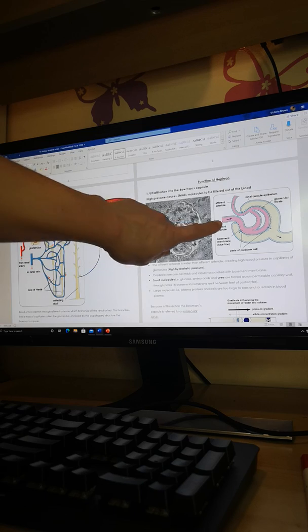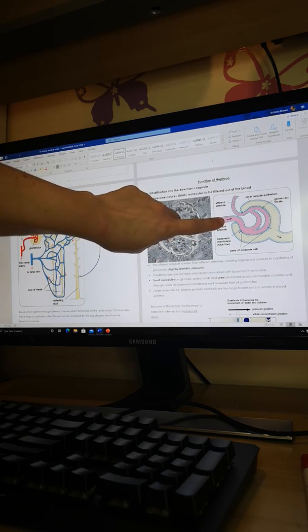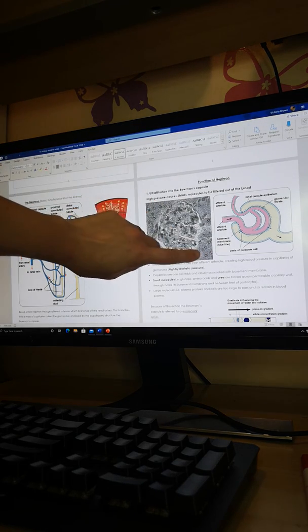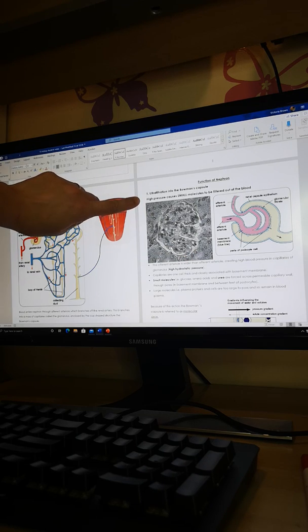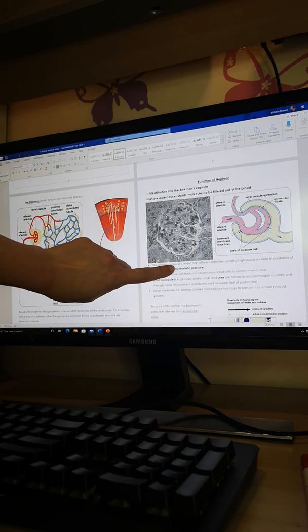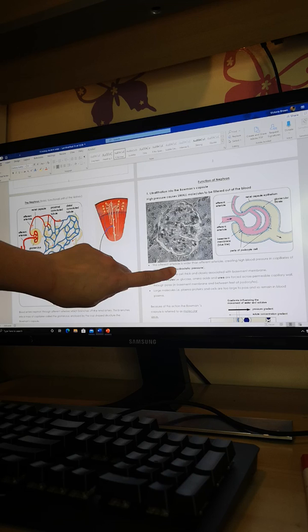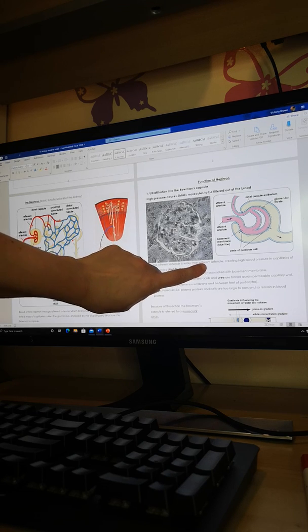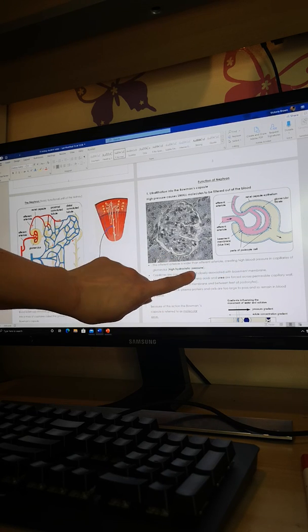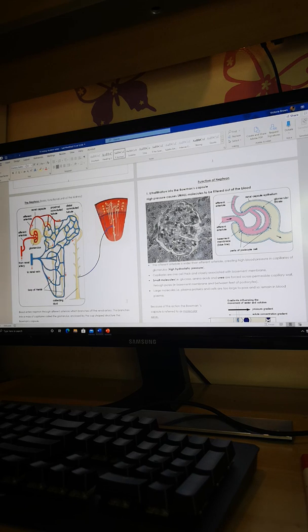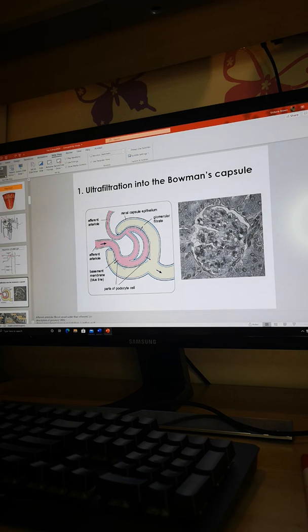Okay. So the first thing to note is the difference in those vessel diameters. Because the supplying arteriole is wider than the one taking the blood away, this creates a high hydrostatic pressure within the capillary network, the glomerulus of the Bowman's capsule.